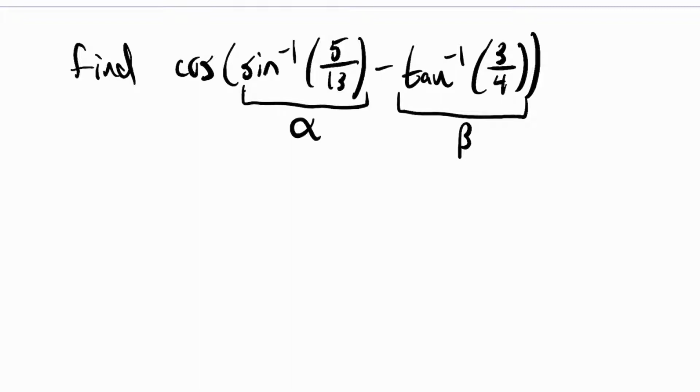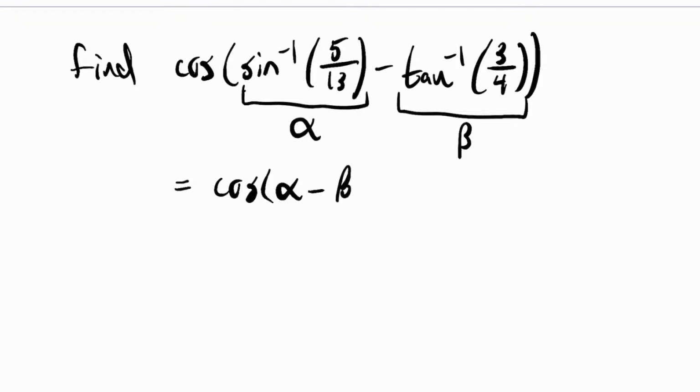So once I work out what alpha and beta are, I'm going to use them symbolically again. I misspoke. I don't need to find them numerically, but I need to find out the sine and tangent values of alpha and beta respectively. So once I do that, this is just equal to, using the difference angle formula for cosine, alpha minus beta.